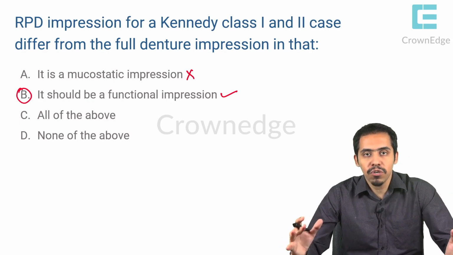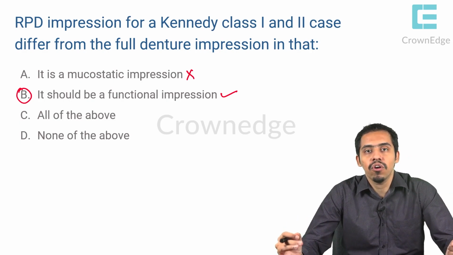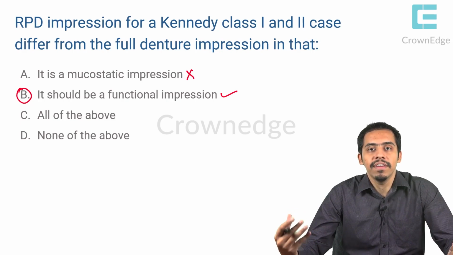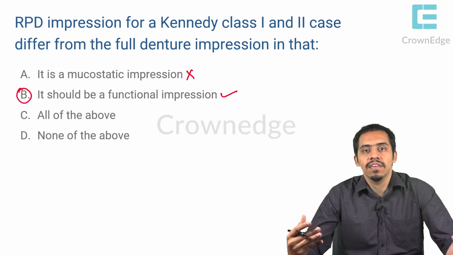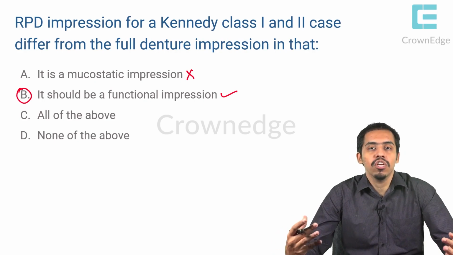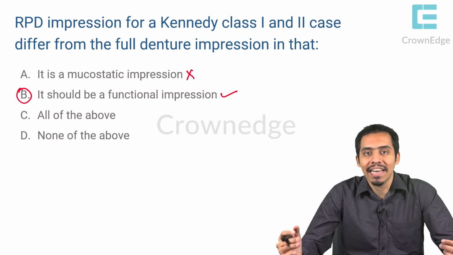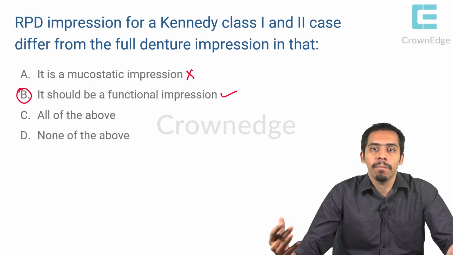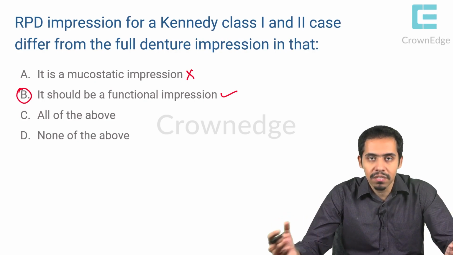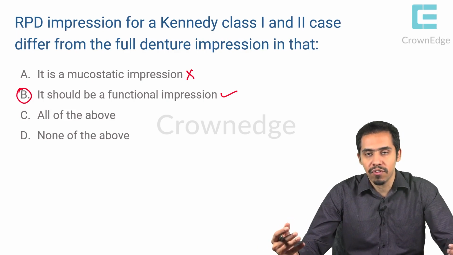The functional impression is more of an impression when stresses are exerted, whereas your impression at rest is only an anatomical form, your mucostatic impression. That can maybe be employed for your diagnostic based impressions, but for your master cast, for your final impressions, you have to keep it in the functional form.